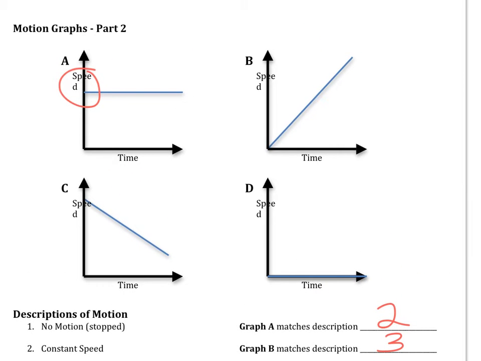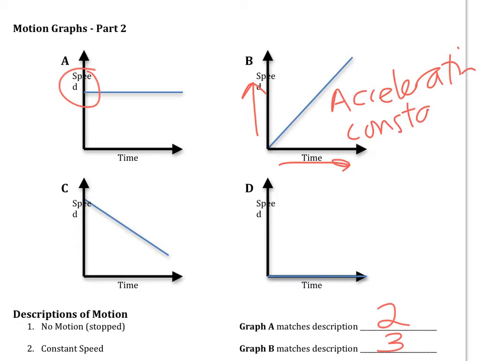Of course, we know that there's an acceleration because the speed increases as time passes. However, the acceleration in this case is constant because it's a straight line. Yes, the speed is increasing, so it's accelerating, but the rate is constant, in other words.